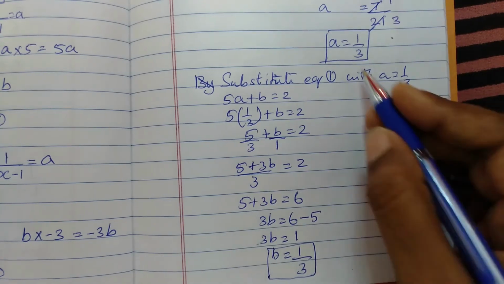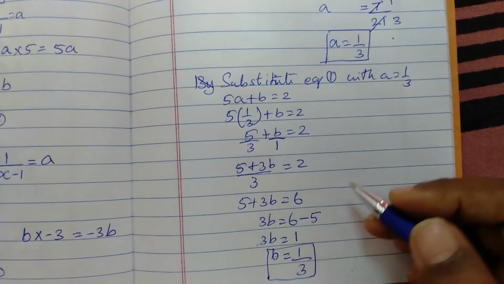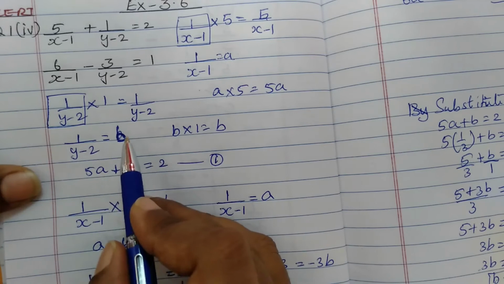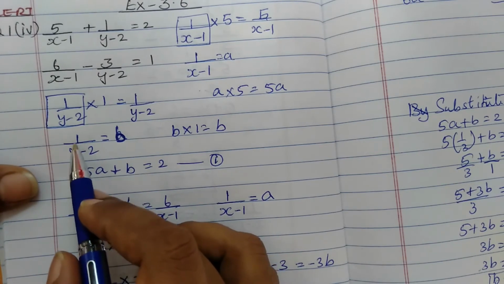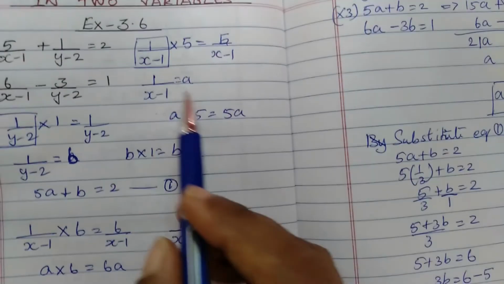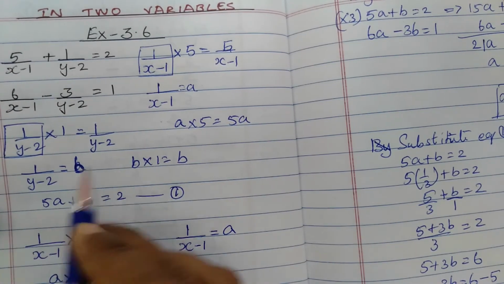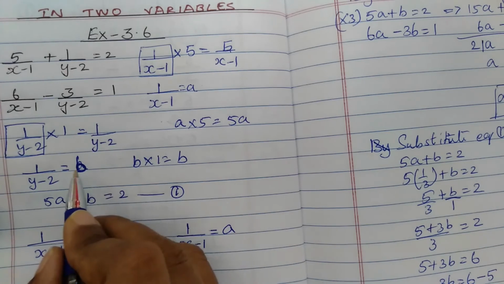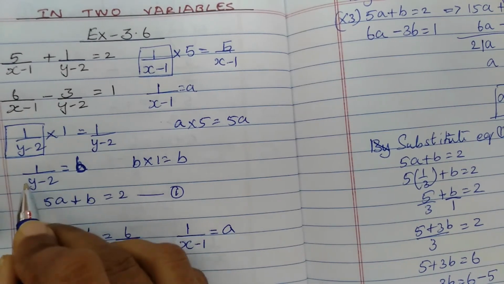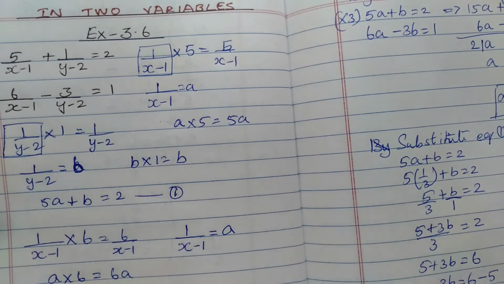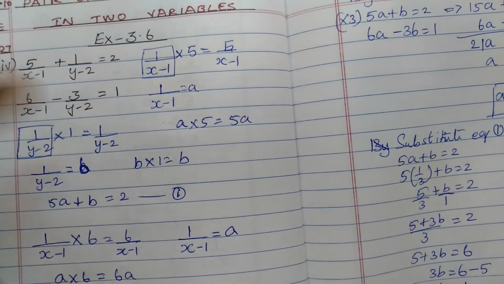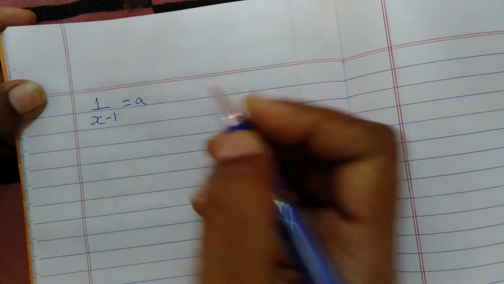We have found the value for a and for b. Now these are only the values of 1 by y minus 2 and 1 by x minus 1. So we have to replace these values here and then find the value of this by cross multiplying it. So let's do it. 1 by x minus 1 is equal to a.